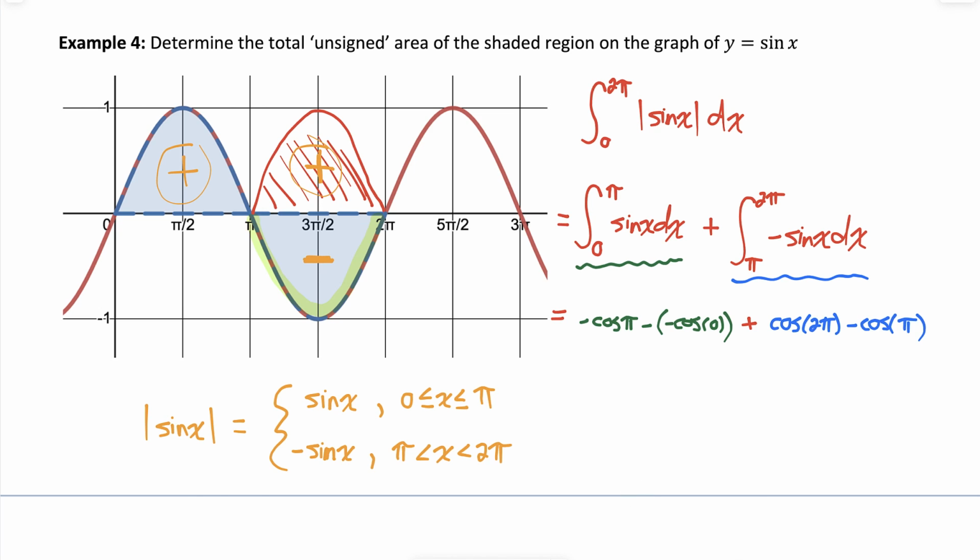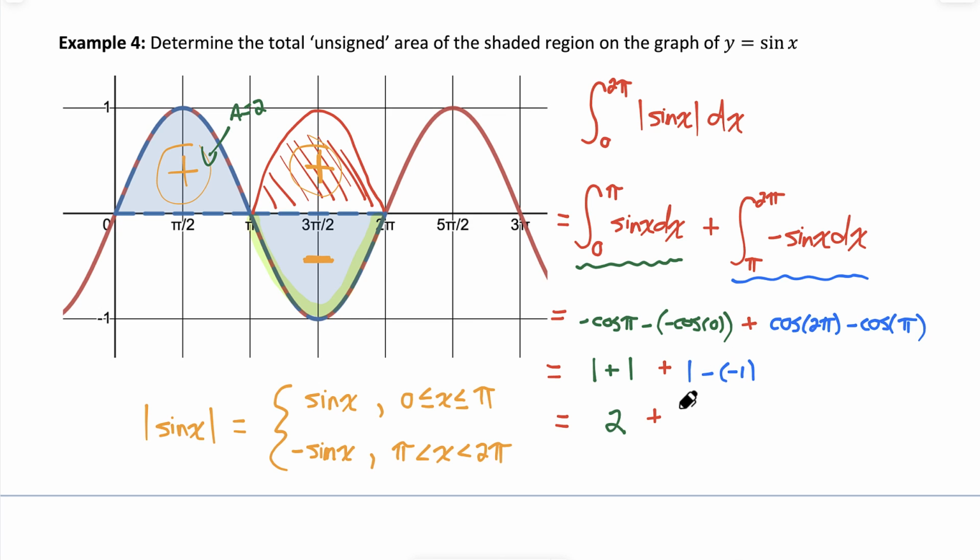And now let me just evaluate all four of those terms. Cos of pi is negative 1, so I've got negative 1, plus cos of 0 is 1, so I've got 1 plus 1, which is 2, so I know the area of this section is 2. And then my second definite integral, I've got cosine of 2 pi, which is 1, minus cos of pi, which is negative 1.